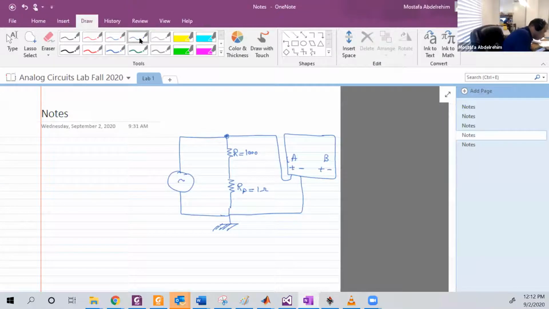Let's draw it with another color just to differentiate. The positive will be here, as we did in experiment number 2, and the negative will be to the common ground. Now the two grounds are connected to the same point. That's very okay.